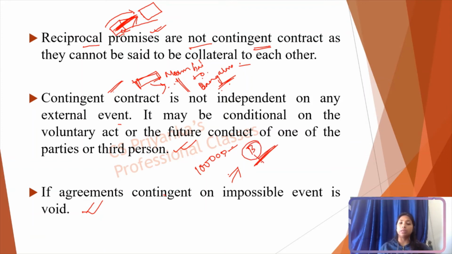It is illegal. If I am offering you something for an impossible event, obviously it is not possible for you to kill someone to get 1 lakh rupees. So these types of agreements are totally void, and void means illegal.